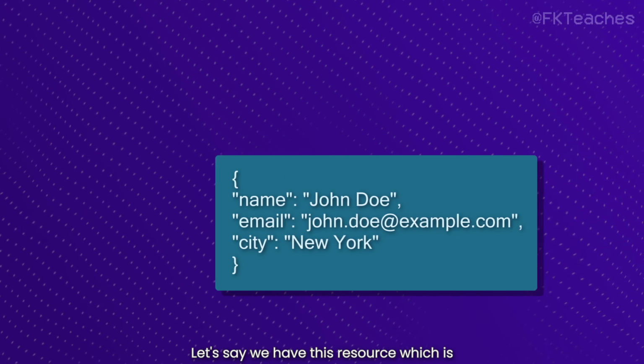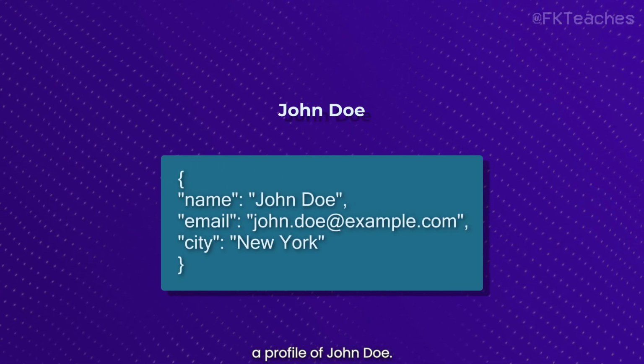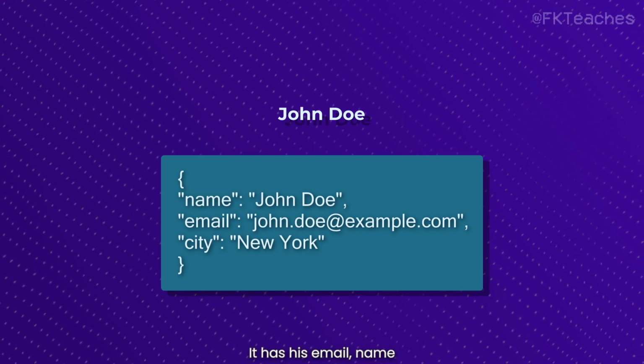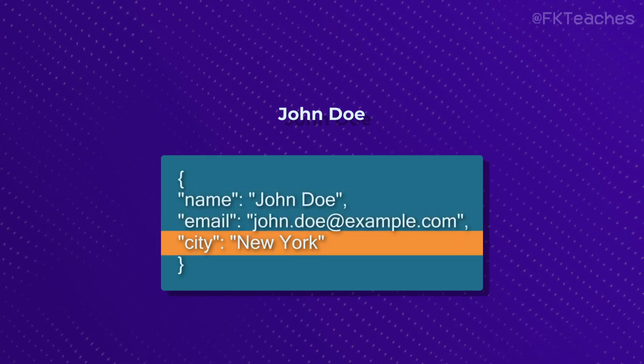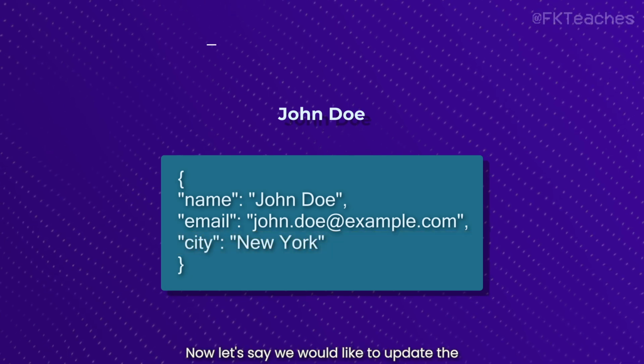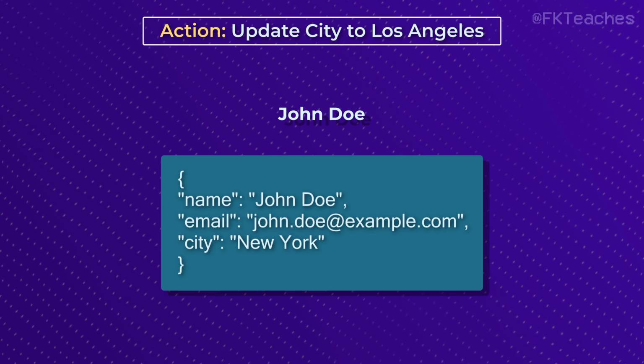Let's say we have this resource, which is a JSON document with a profile of John Doe. It has his email, name, and city of residence. Now let's say we would like to update the city to Los Angeles instead of New York.